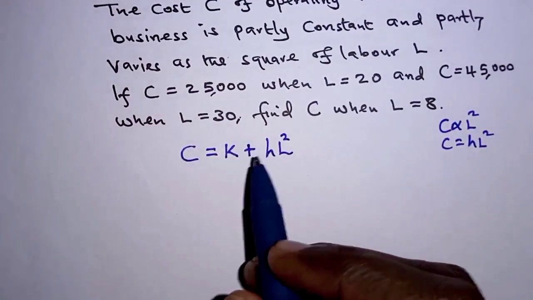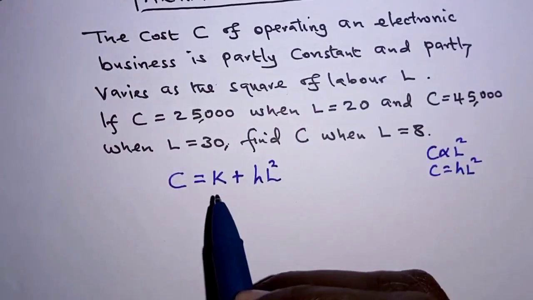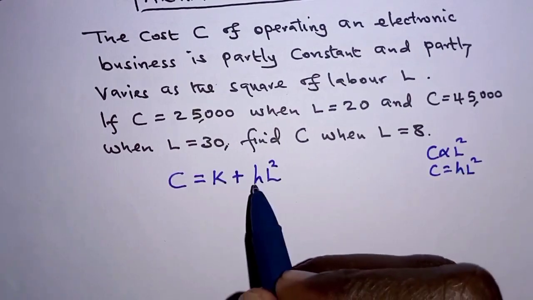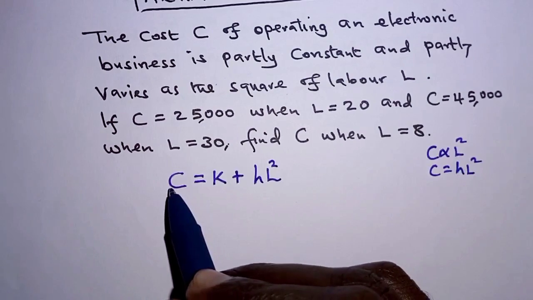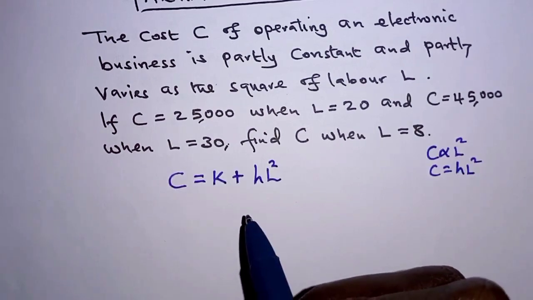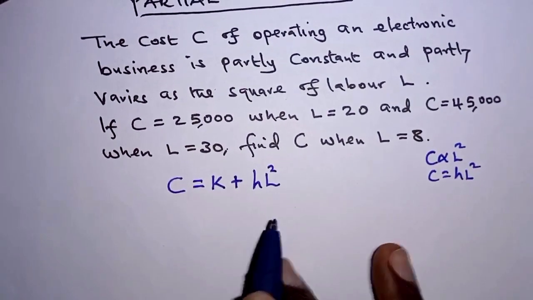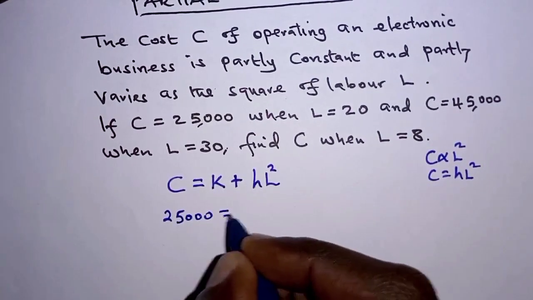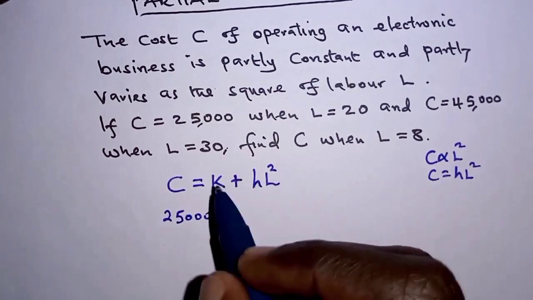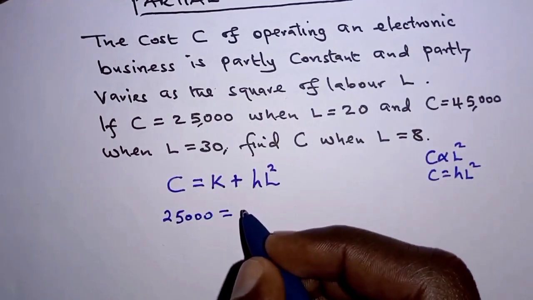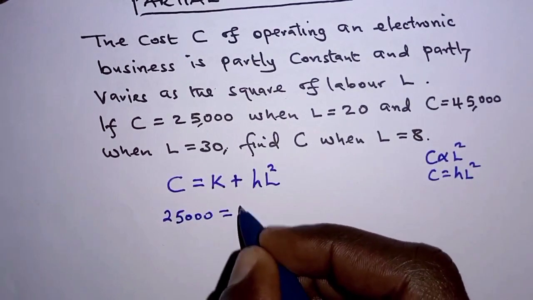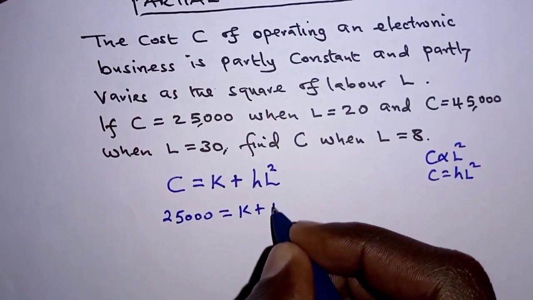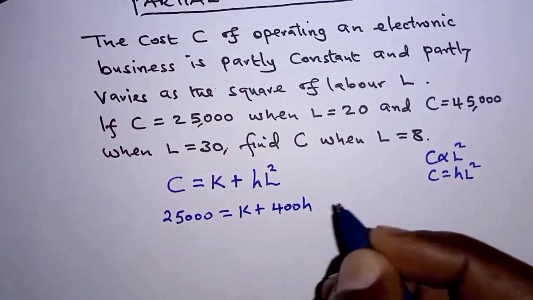With this equation, the first thing to determine is the actual values of the constants K and H. Remember, C and L are varying. So if C is 25,000 and L is 20, we'll have K plus 20 squared, that is 400H.